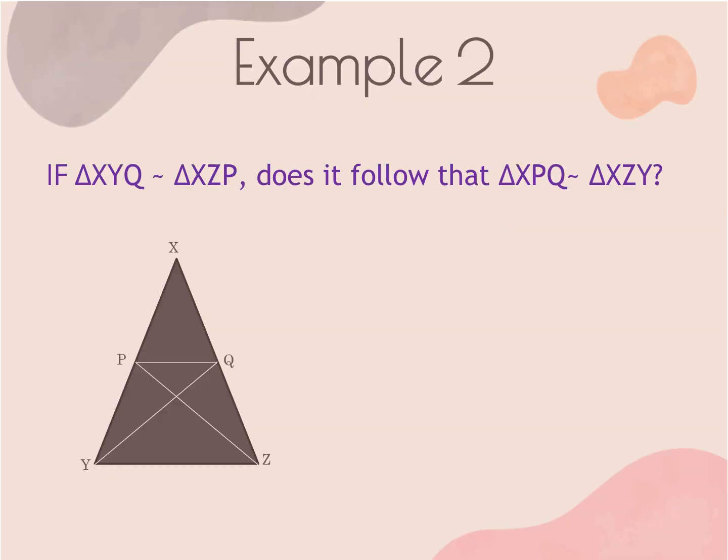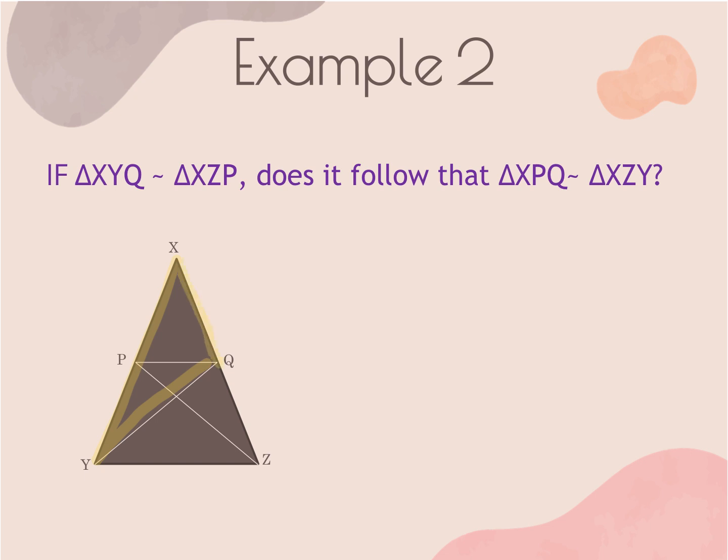So for example 2, we have: if triangle XYQ is similar to triangle XZP, does it follow that triangle XPQ is similar to XZY? They're giving us a bunch of triangles within this one, so let's separate them. Triangle XYQ is this one right here, in yellow.